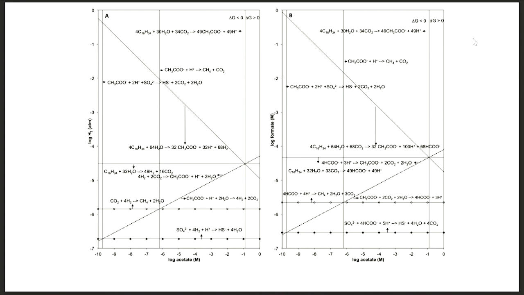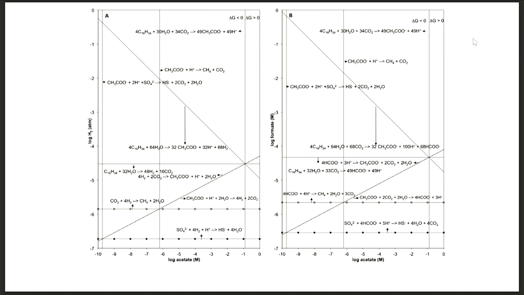So here's a domain where the oxidation of hexadecane, in this example, to acetate and hydrogen is favorable if the combination of acetate and hydrogen is below this line.